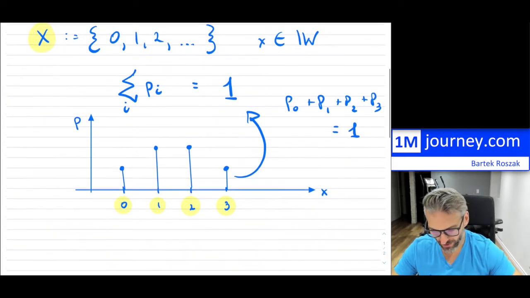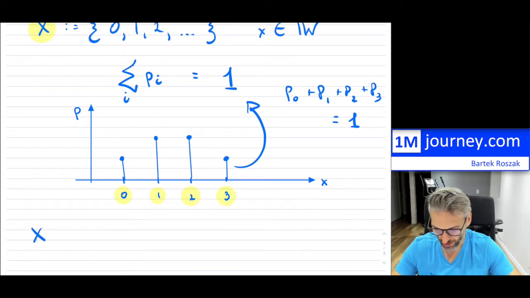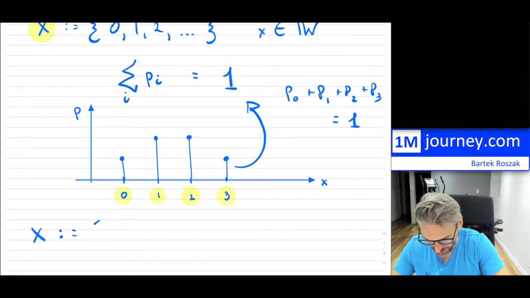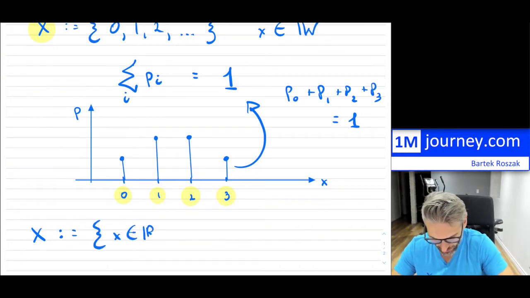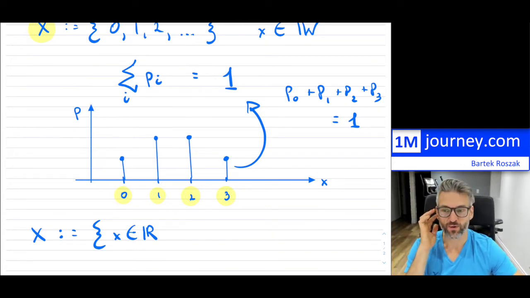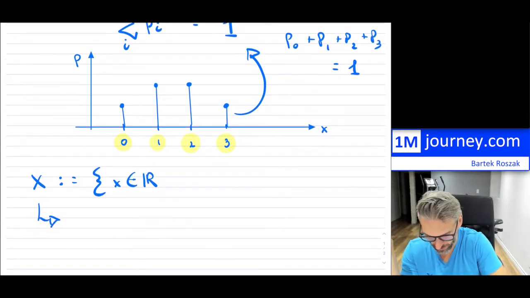What if this x, our random variable, is actually such that little x is an element of the real numbers? So what if it can take on many numbers? Where can that happen? Of course it can happen. What if your random variable is wait times?